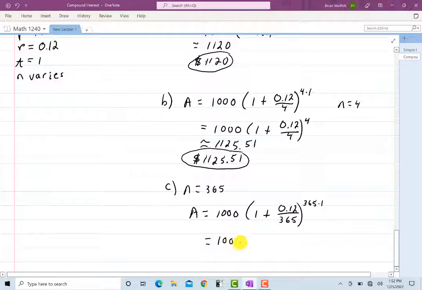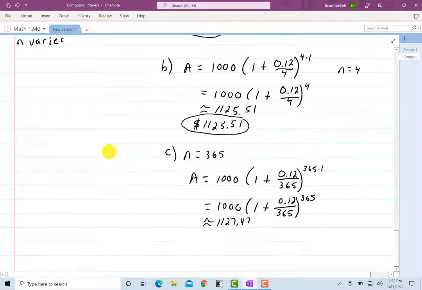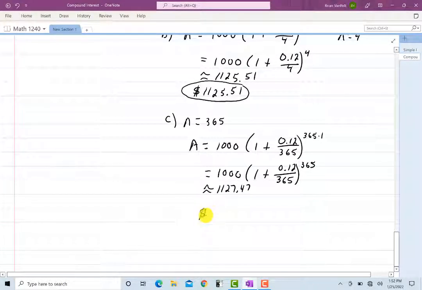The only real simplifying I'm going to do is just to simplify the exponent. And let my calculator do the work. Here I get 1,127.47. And so the total amount here is 1,127.47. And you see that daily will give us the most for our money.